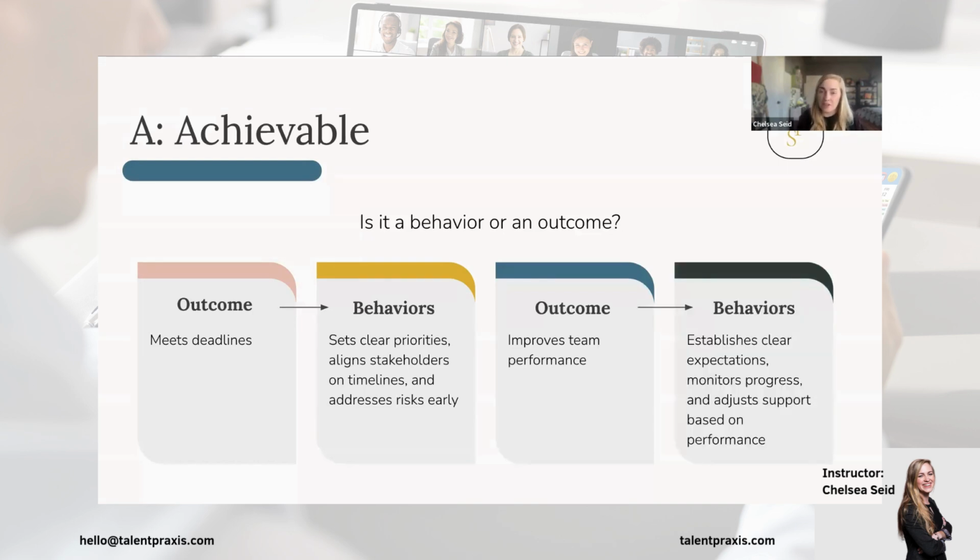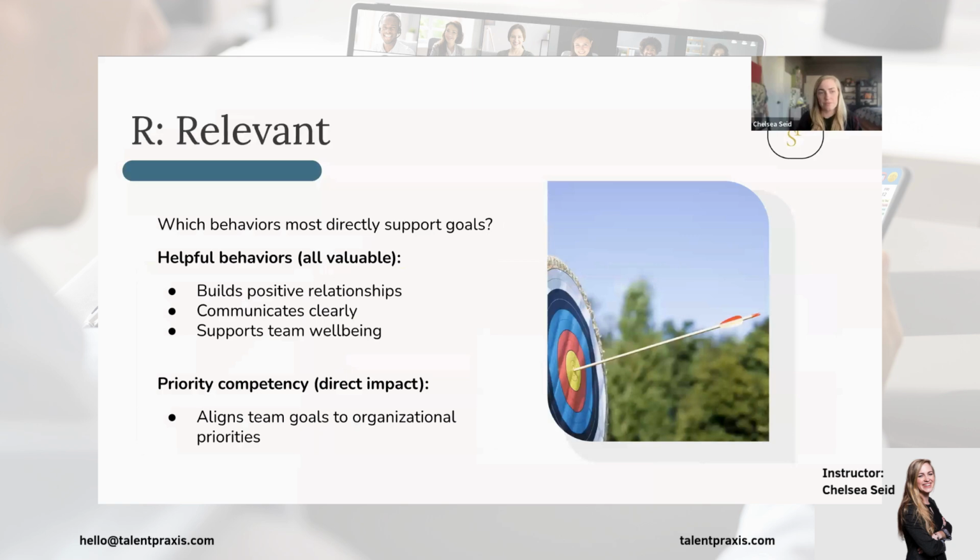Then the actual behaviors that could allow a leader to achieve it, maybe they establish clear expectations, they monitor progress, they adjust support based on performance and the needs of their team, right? Again, you're looking for what is the most important set of behaviors? What's the sort of umbrella overarching leadership behavior, leadership competency that will allow the leader to achieve the outcome? And this really will depend on your organization, your team, your structure, what you're needing.